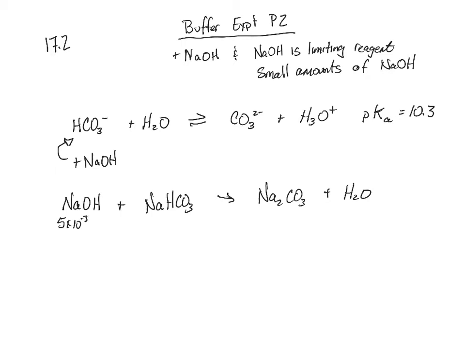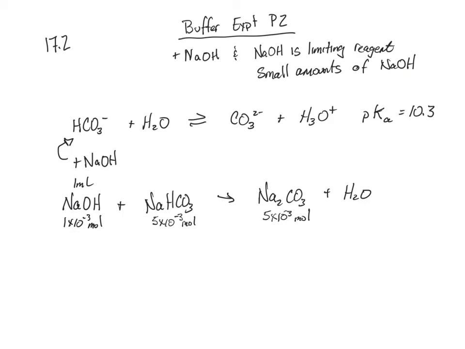And so when we add 10 milliliters of our buffer, we have added 5 times 10 to the minus 3 moles of both the sodium bicarbonate and the sodium carbonate. And that is from our 10 milliliters of our buffer. If we add 1 milliliter of our NaOH, that is adding 1 times 10 to the minus 3 moles of NaOH.